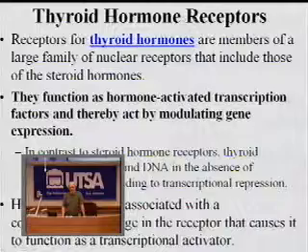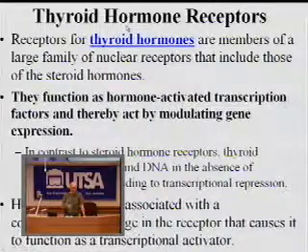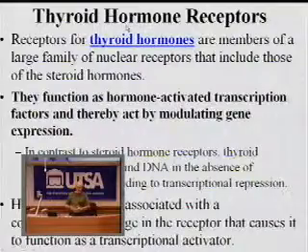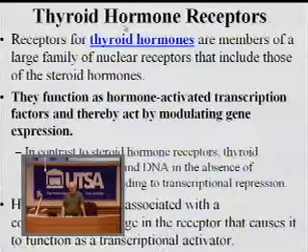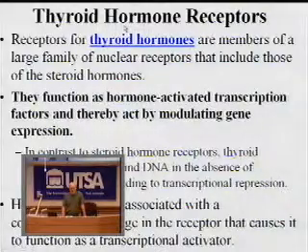So now we can talk about the thyroid hormone receptors. Thyroid hormone is being carried in the plasma, binding and unbinding to the carrier molecules, and distributed through the plasma.